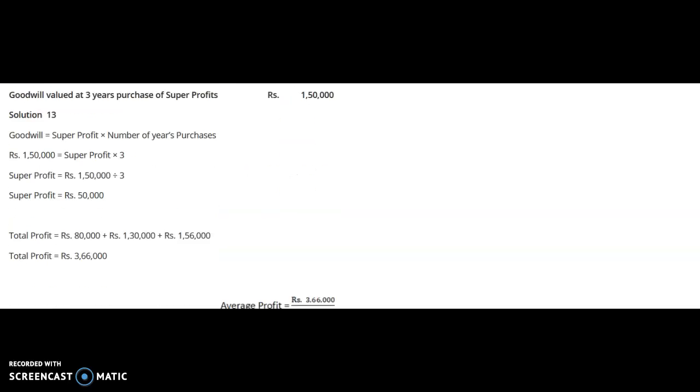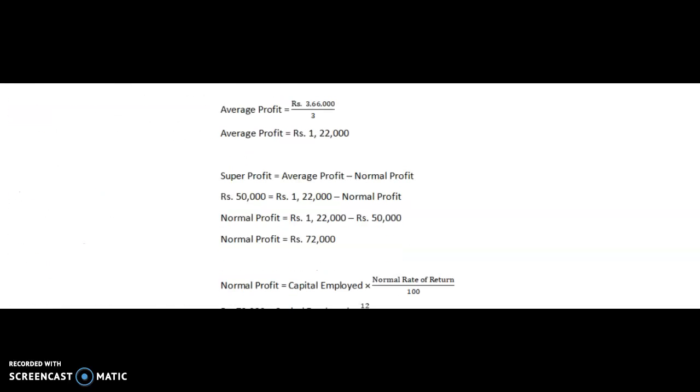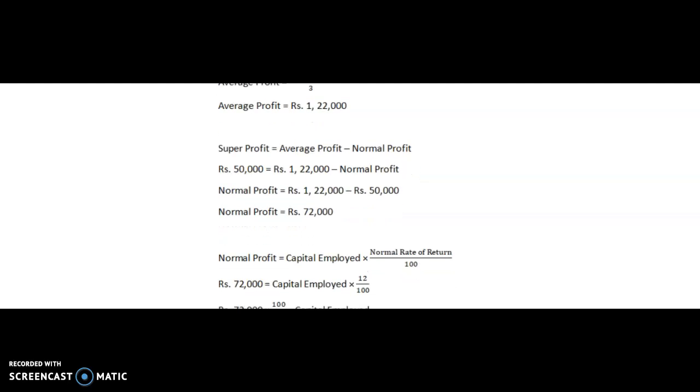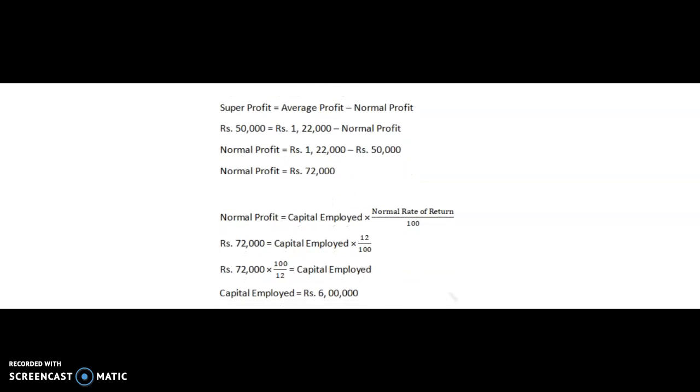When the average profit is 1,22,000 and the super profit is 50,000, as we calculated on the basis of the 3 years' goodwill given, we would have a normal profit of 72,000: 1,22,000 minus 50,000 is 72,000.